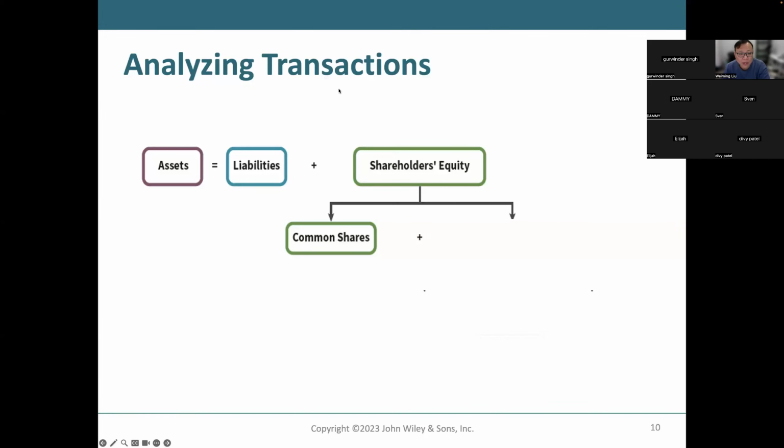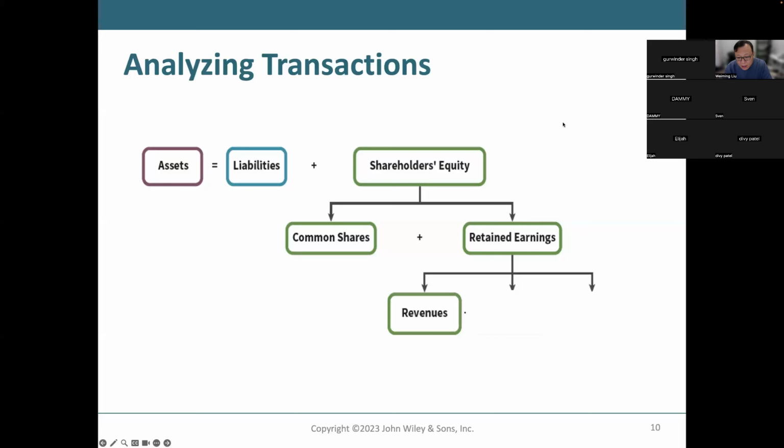So now, what is my net income? Can anyone tell me how did I calculate my net income? Okay, revenue minus expenses. Yes, very good.